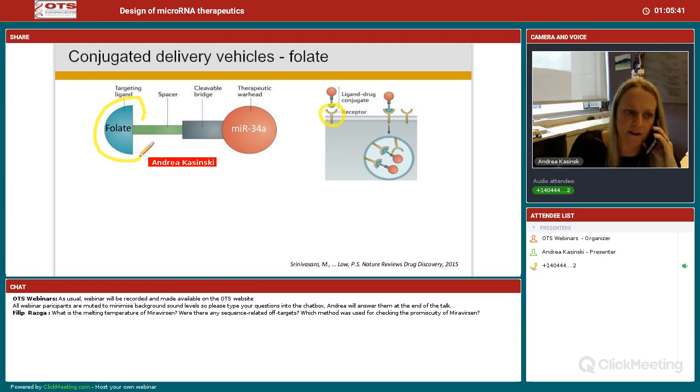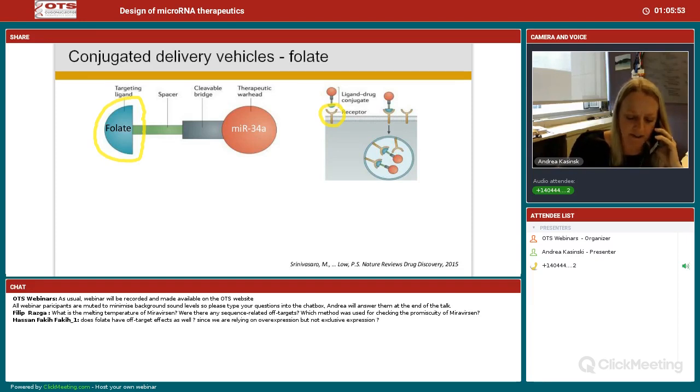And so folate binds, as I mentioned, with nanomolar affinity to the folate receptor. And in a variety of cancer cells, the folate receptor is expressed at levels of approximately 10 to the 6 copies per cell. So we certainly have achieved the number of receptors that would be necessary to get a therapeutic dose into the cell.